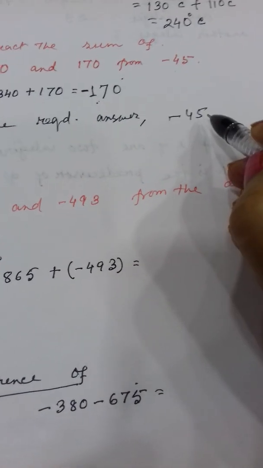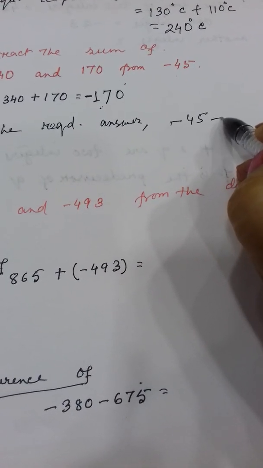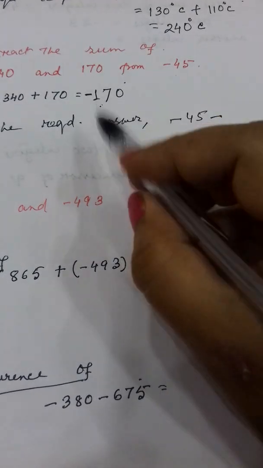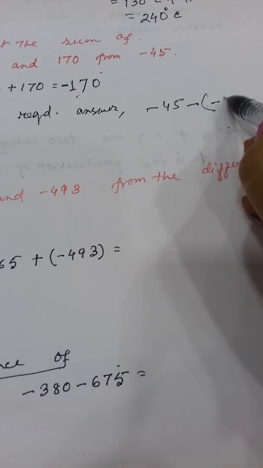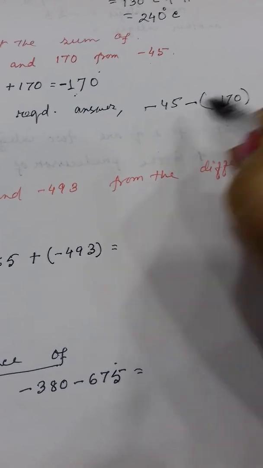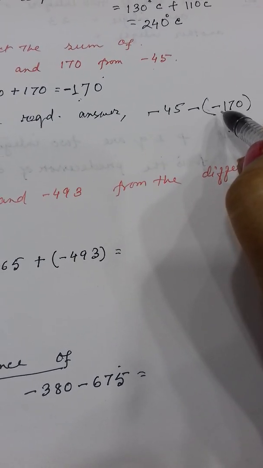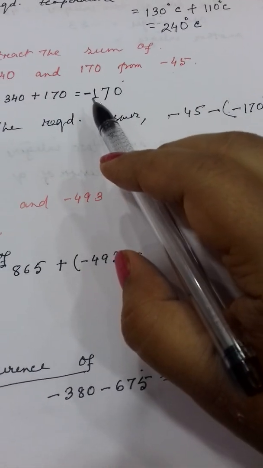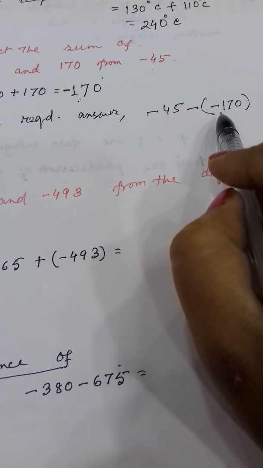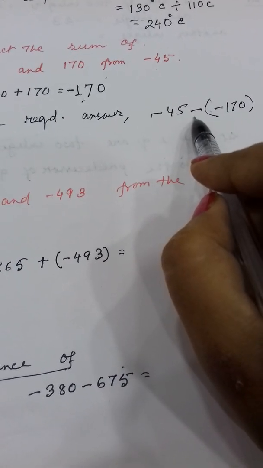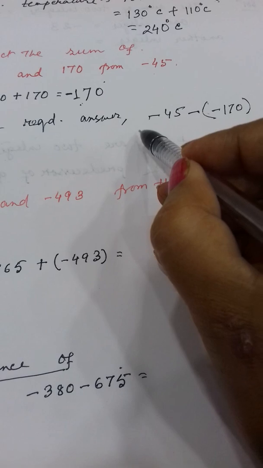So minus 45 you have to subtract, that's why minus sign. Now which number you have to subtract? Minus 170. Total minus 170 you have to subtract. This thing should be very much clear to you students. Which number you are going to subtract, along with the sign you have to write, and this sign for subtraction. Clear?